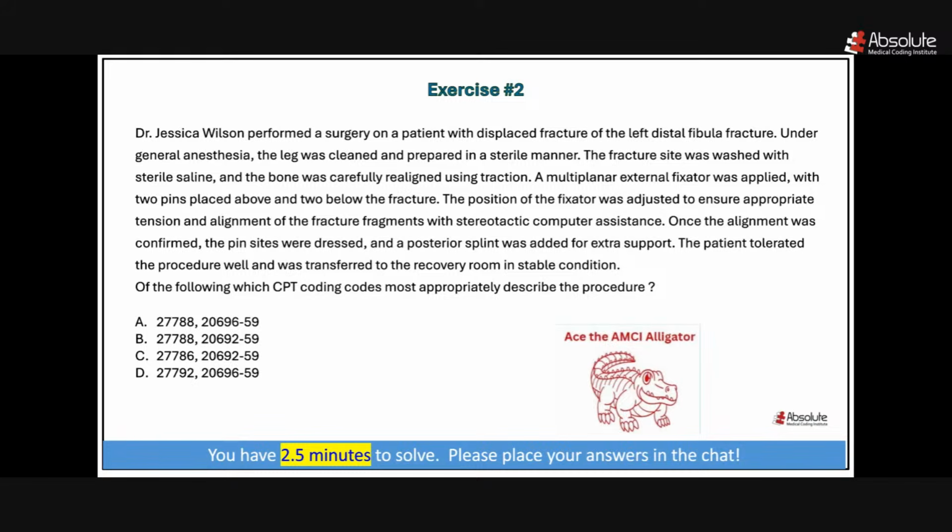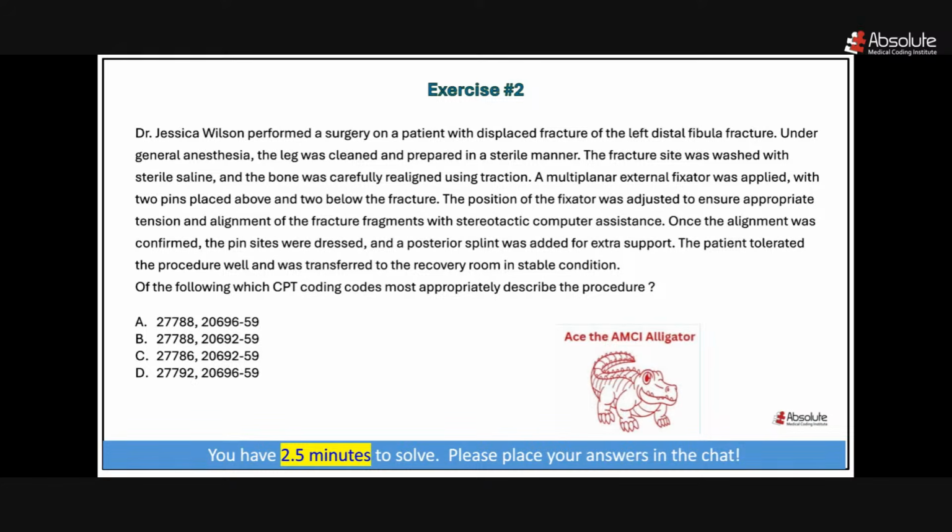The position of the fixator was adjusted to ensure appropriate tension and alignment of the fracture fragments with stereotactic computer assistance. Once the alignment was confirmed, the pin sites were dressed and a posterior splint was added for extra support. The patient tolerated the procedure well and was transferred to the recovery room in stable condition.